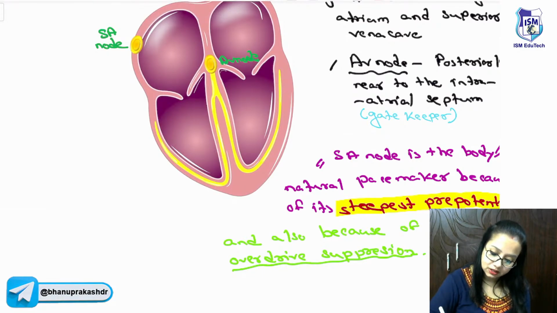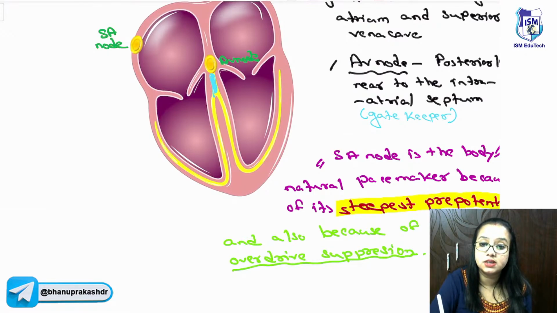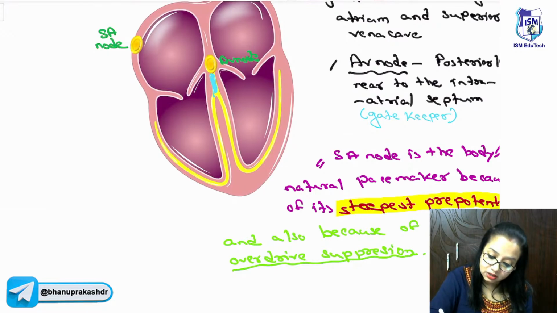The next structure that we see here is the beginning of the interventricular septum. From the interventricular septum, as we can see, there is bifurcation on the right and the left side. What originates from the AV node is the bundle of His.